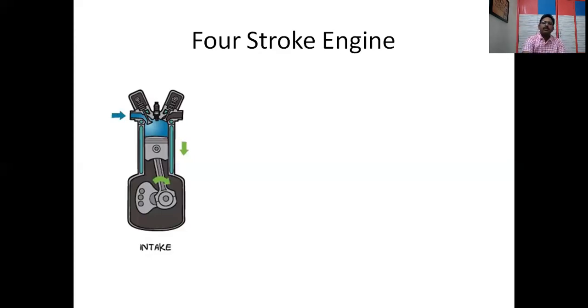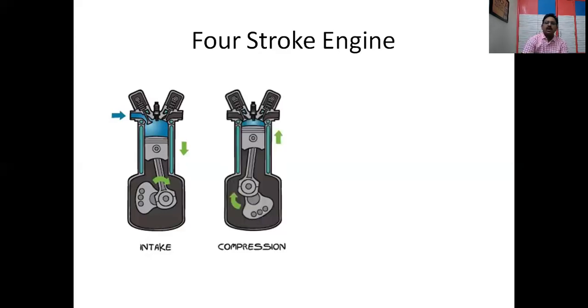The clean pure air will enter the cylinder when the piston moves from top dead center to bottom dead center. So the major difference is that in petrol engines a fuel-air mixture comes inside, and in diesel engines only air gets inside during this stroke. This is called the intake stroke.